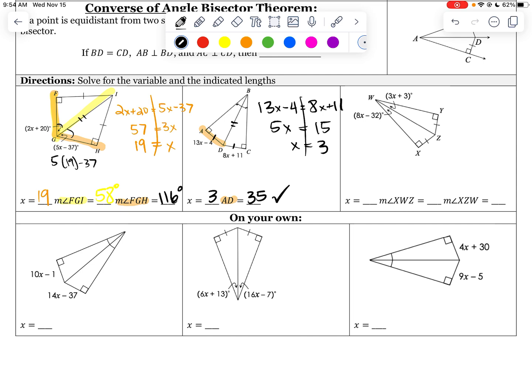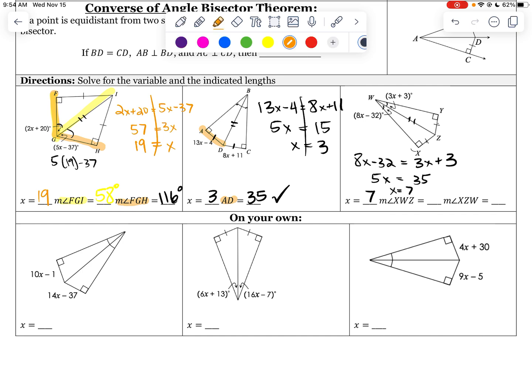Good. All right, yet again, I know these two are equivalent. I have an angle here and I have a shared side, that's HL. I know that these two have to be equivalent to each other. I got YZ as an angle bisector. So 8x minus 32, that's WZ as an angle bisector, equals 3x plus 3. 5x equals 35, so x is equal to 7.